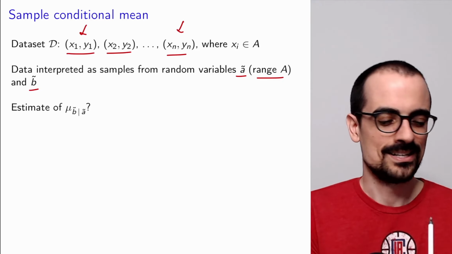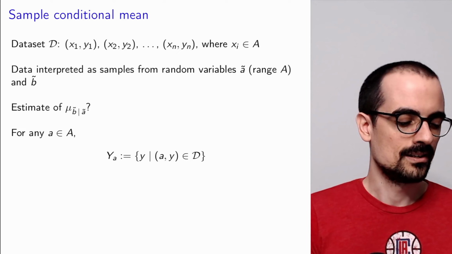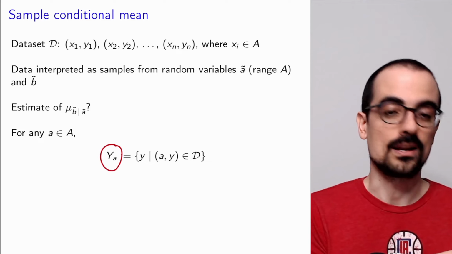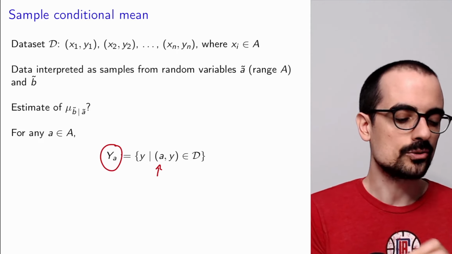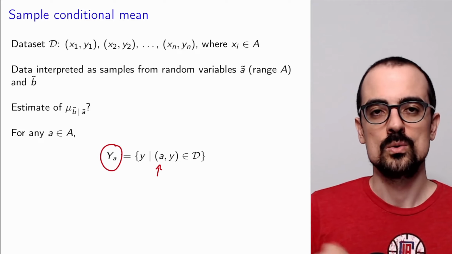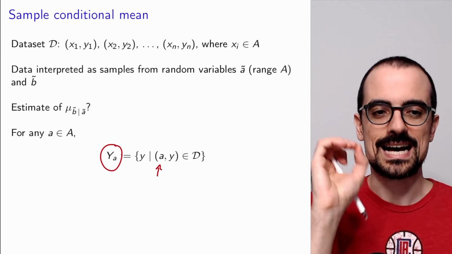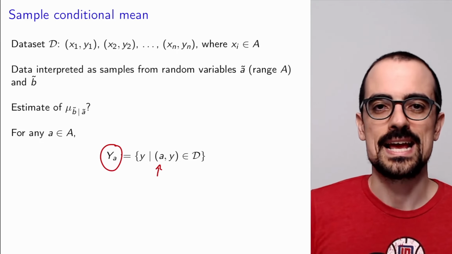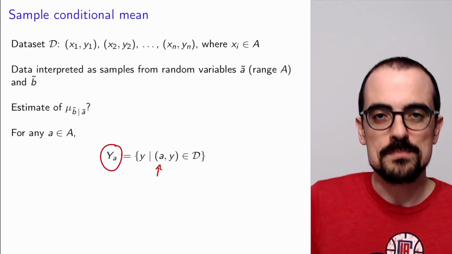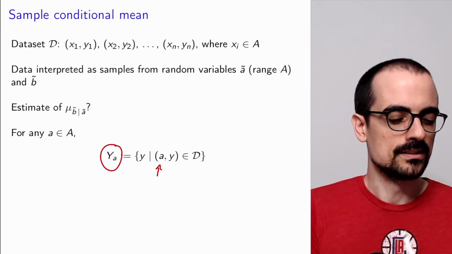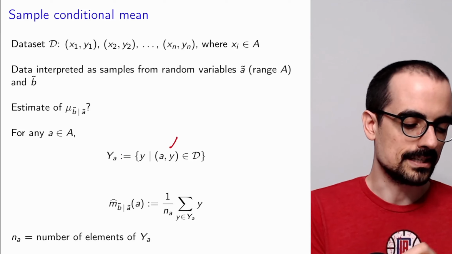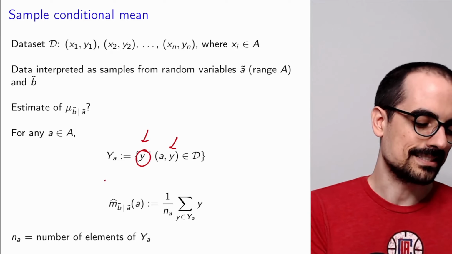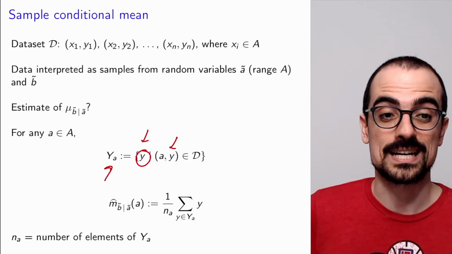Hopefully that makes sense. So let us define the set of pairs for which the first entry has a certain value. So here y1 would give us all the pairs for which xi is equal to 1. Y23 would give us all the pairs for which a is equal to 23. So now we want the conditional mean given that the first entry is equal to that value; we just average the second entry. Notice that it's not actually a set if I want to get very mathematically precise, because there can be repeated values.